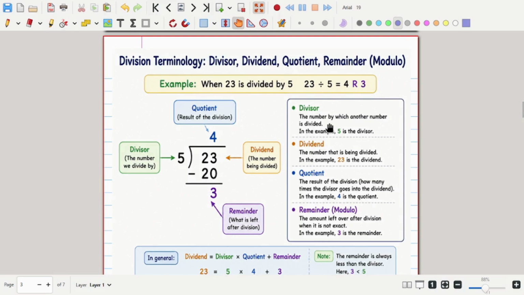Divisor means the number by which another number is divided. Quotient means the result of the division, and the remainder, also called modulo, is the amount left over after division when it is not exact.